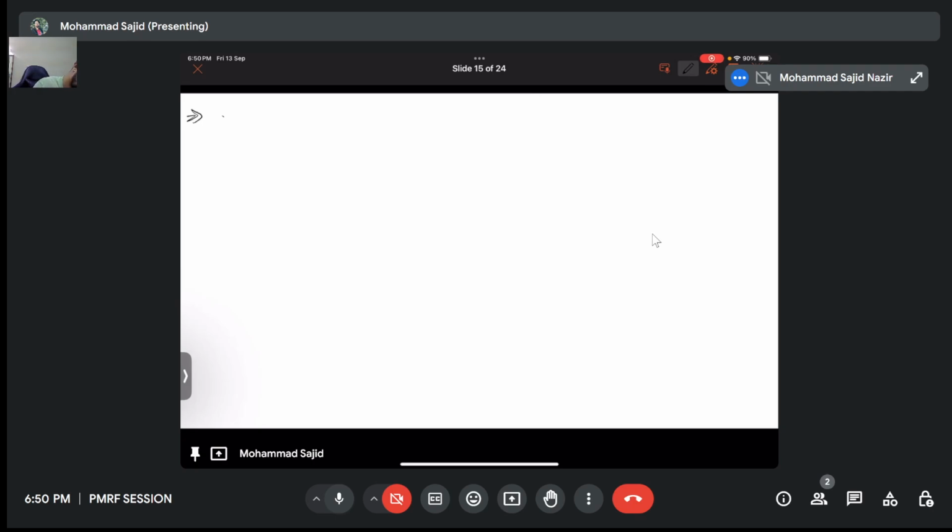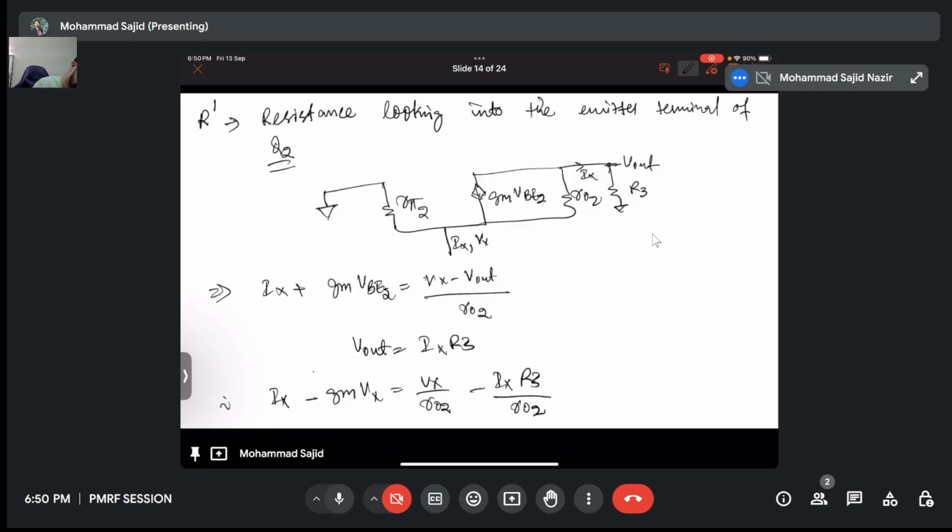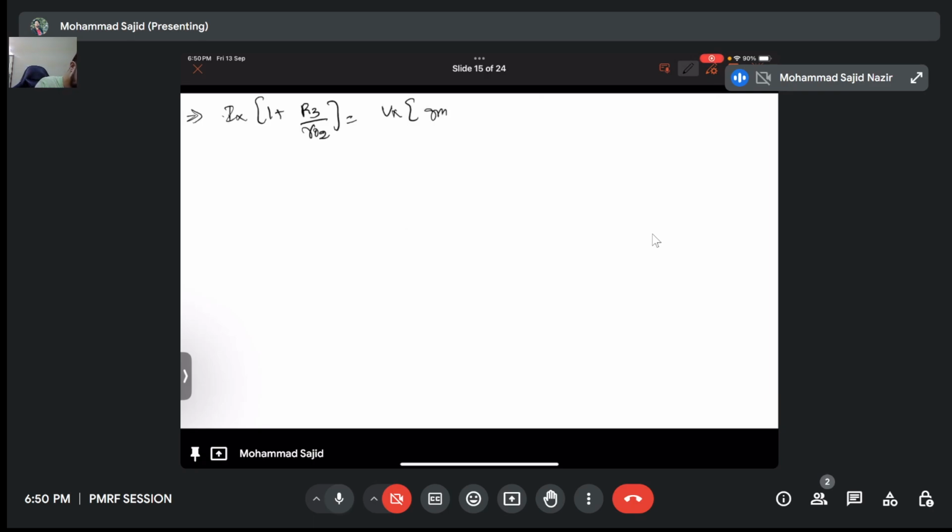So we will have here Ix as 1 plus R3 by R naught 2, and here Vx as Gm plus 1 by R naught 2.